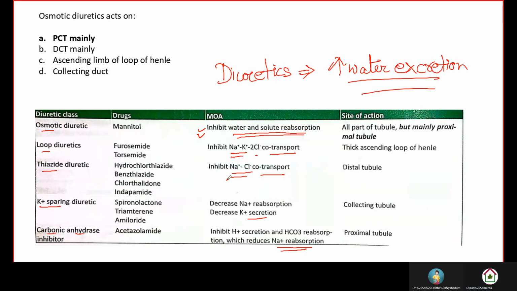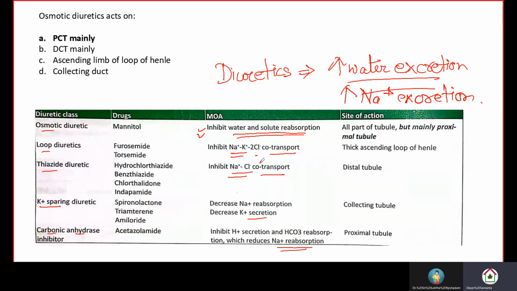Okay, and also sodium, water excretion and also sodium excretion. It is like this. So mannitol is the osmotic diuretic. It inhibits water and solute reabsorption. And loop diuretics inhibit the co-transportation of sodium and potassium with 2Cl.